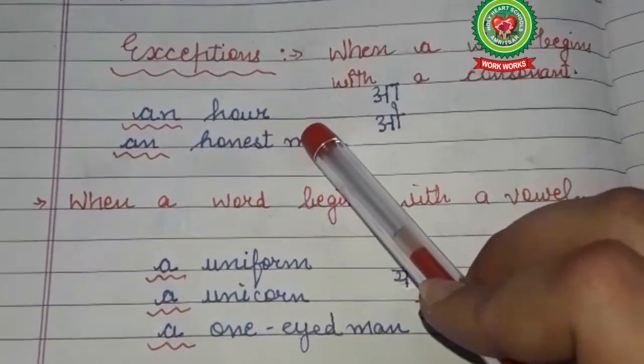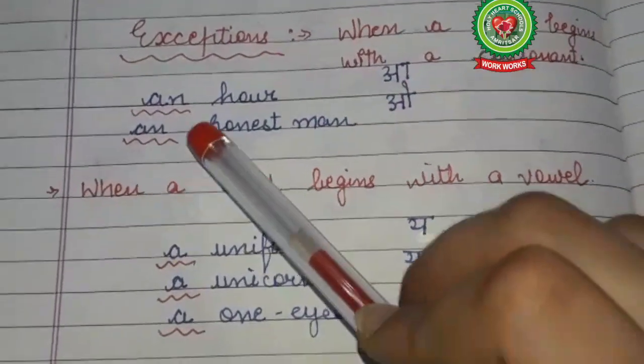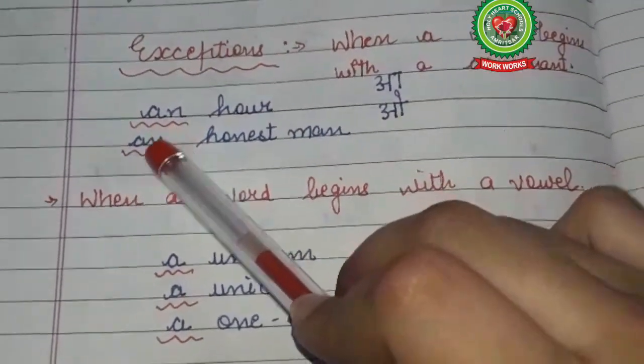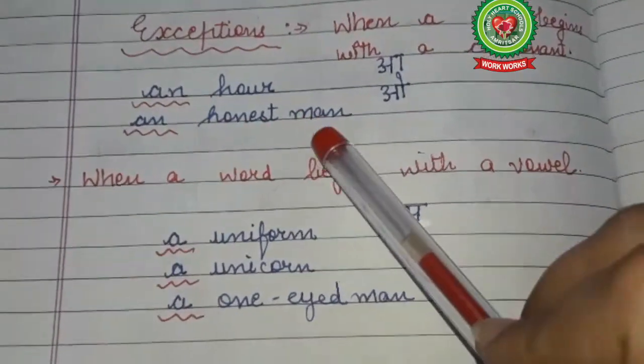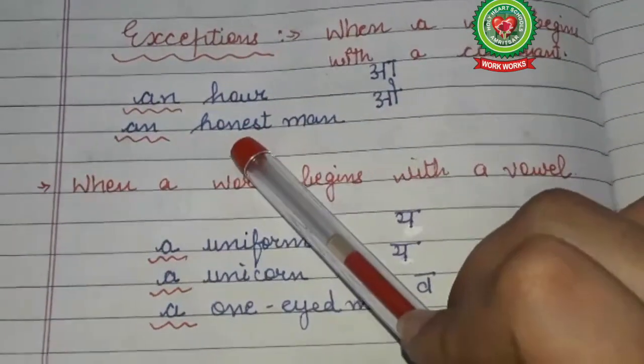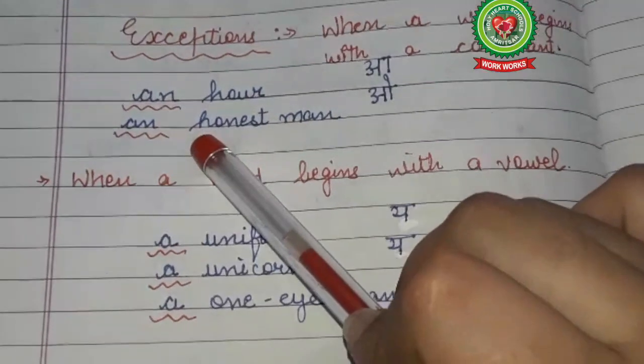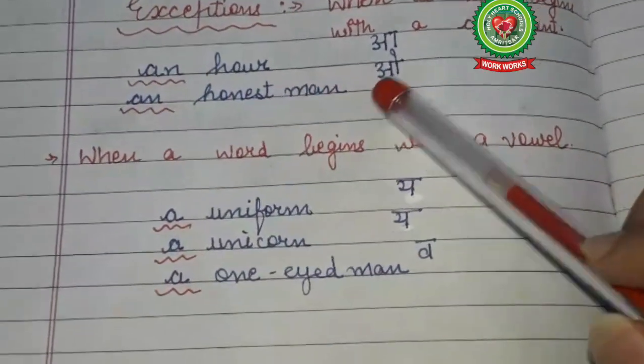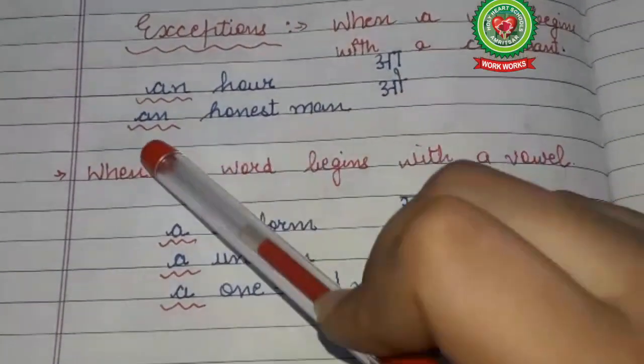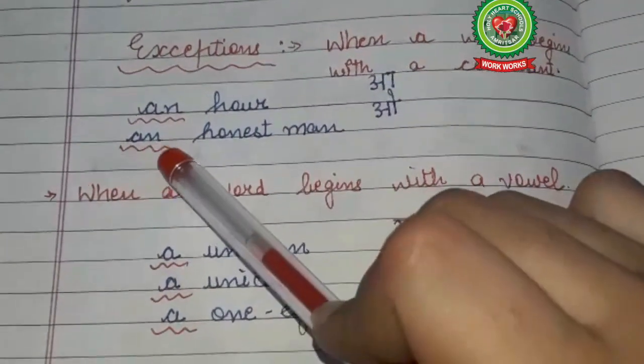It is giving the sound of vowel A. So here we have used the article an. Number 2, an honest man. Here also the word is beginning with the consonant H and H is silent. It is giving the vowel sound O. So here we have used the article an.